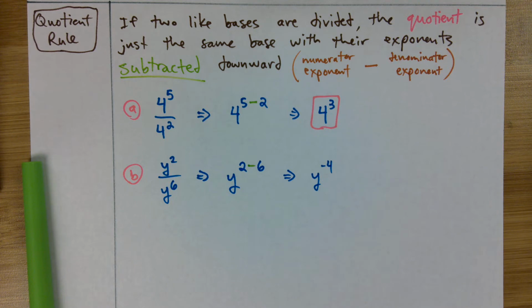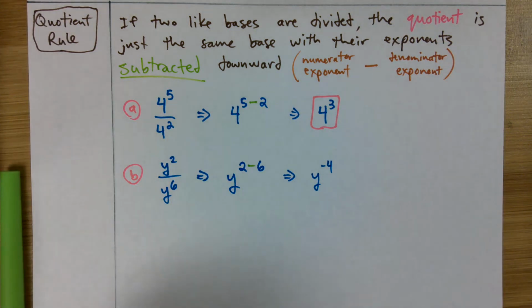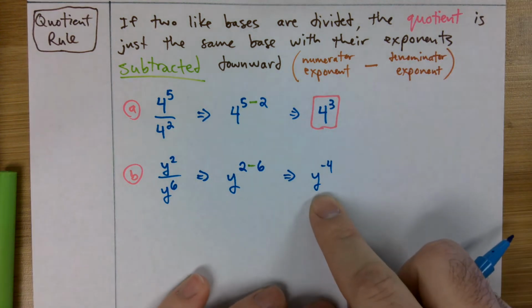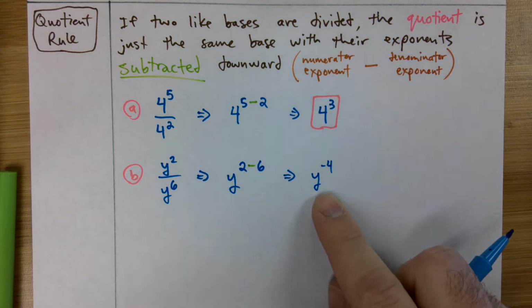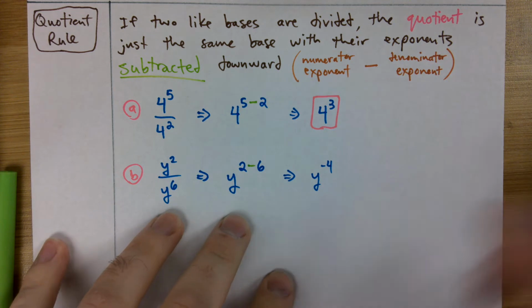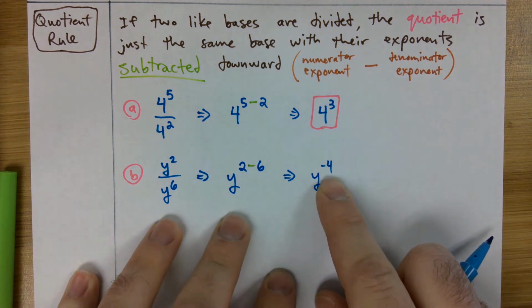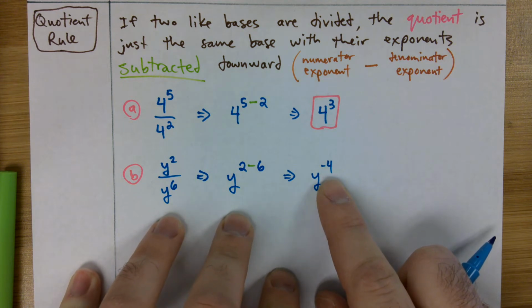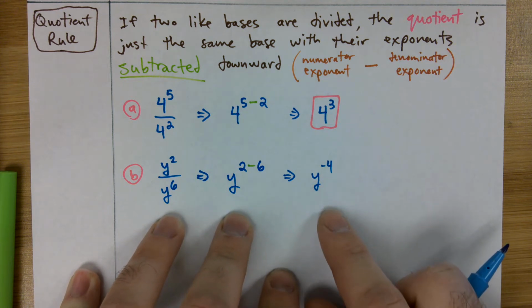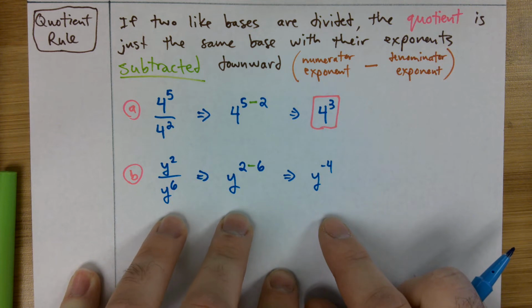So now we're going to add in our 2.1a lesson. And this is not going to be our final answer anymore. We always want to have positive exponents in our answer. So how can we make y to the negative fourth have a positive exponent? Azalea, you got it? What's that?